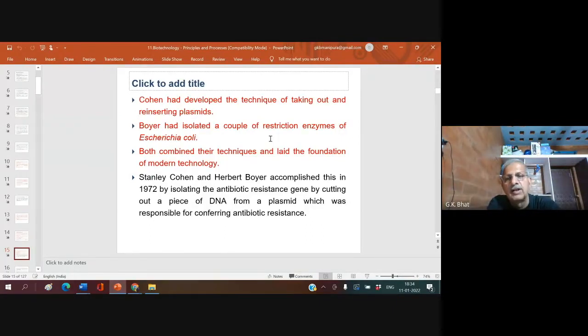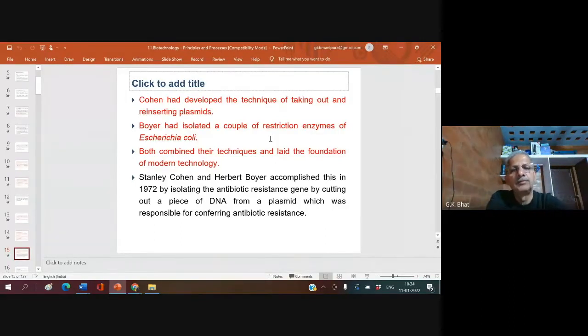Boyer had isolated a couple of restriction enzymes of Escherichia coli. So, Cohen had developed a technique of taking out and reinserting the plasmid, and Boyer had isolated a couple of restriction enzymes of E. coli. Both combined their techniques and laid the foundation for modern technology.